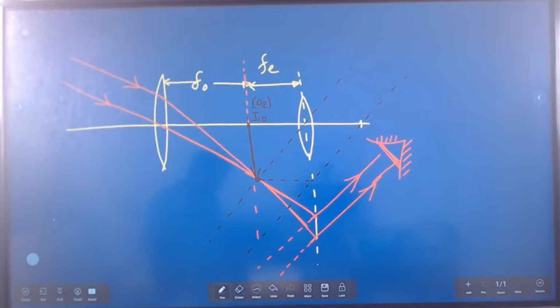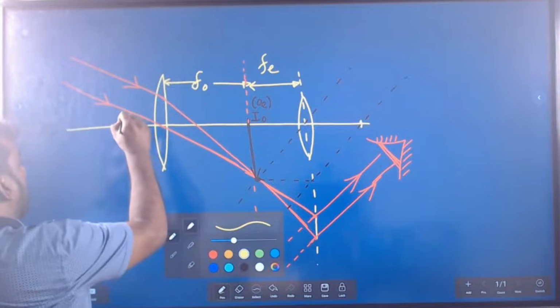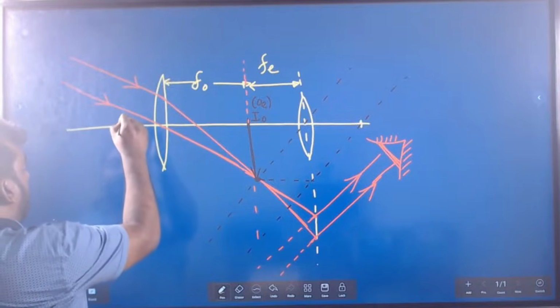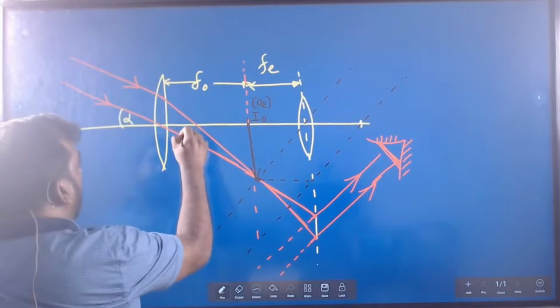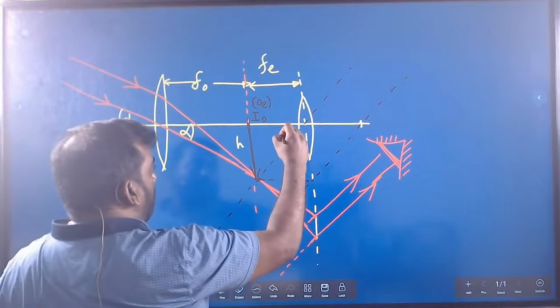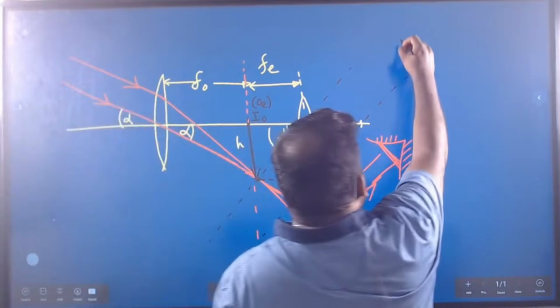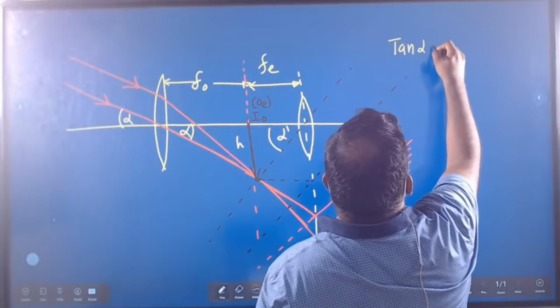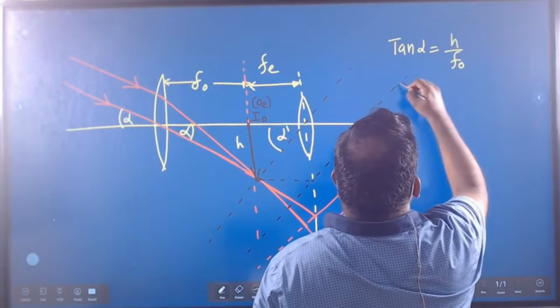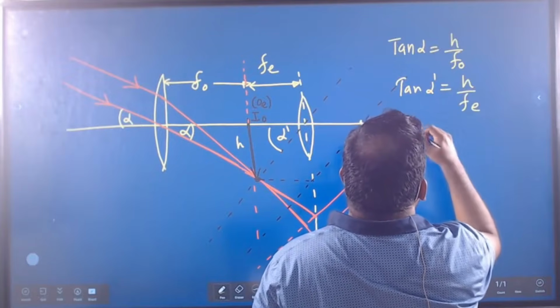What are they asking you? Angular magnification. Here, angle subtended by the object on the unaided eye, alpha. Angle subtended by the image on the eye, alpha dash. So here, tan alpha is equal to opposite over adjacent, and tan alpha dash is equal to opposite over adjacent.